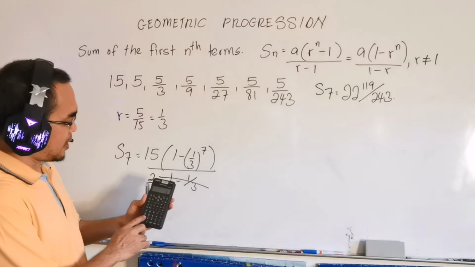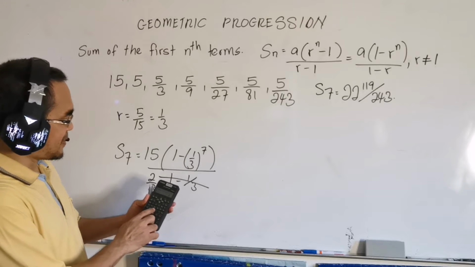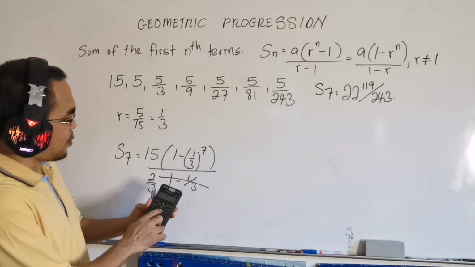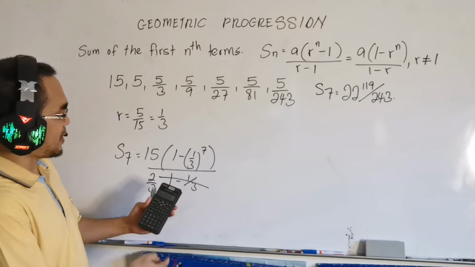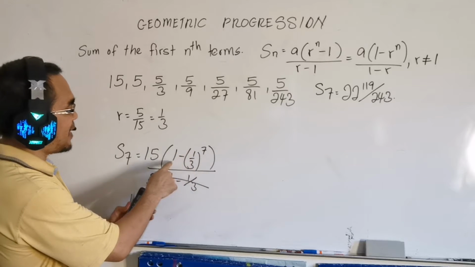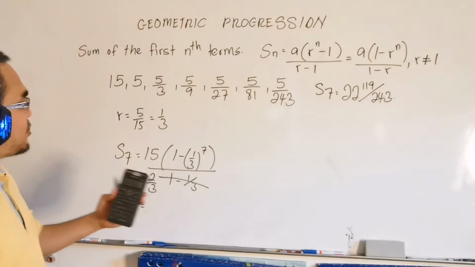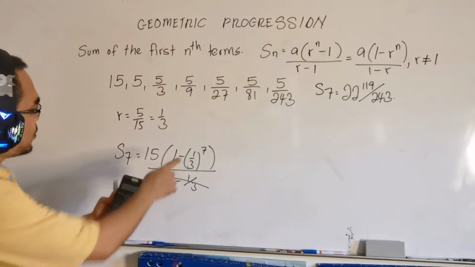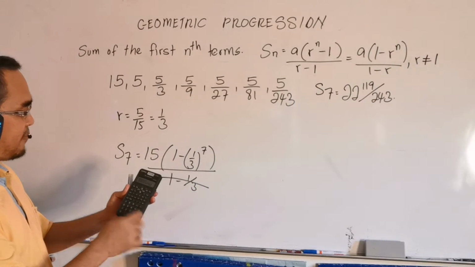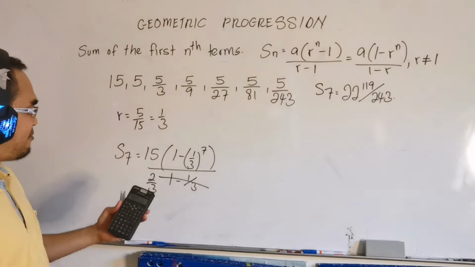If we write down 1 minus, inside a bracket, 1/3 to the power of 7, the calculator will calculate 1/3 to the power of 7, then 1 minus the answer. You don't have to change to a fraction yet. Whatever the answer here, multiply by 15, and you get 14.99 something. Do not simplify that.